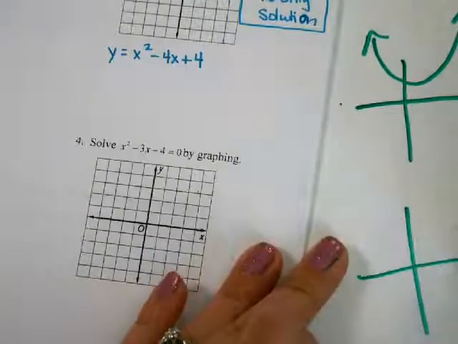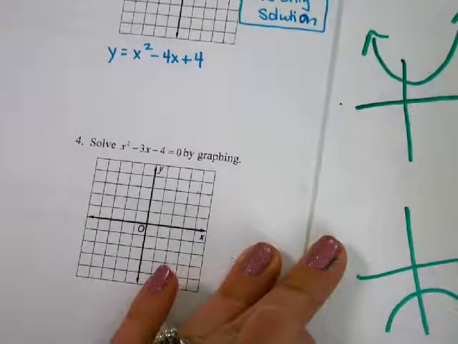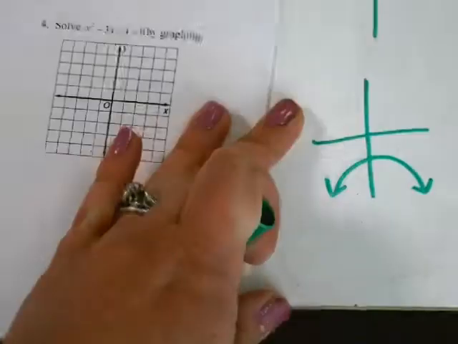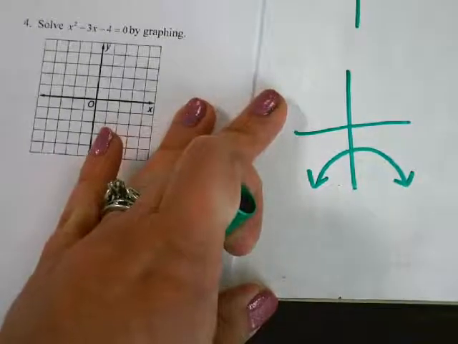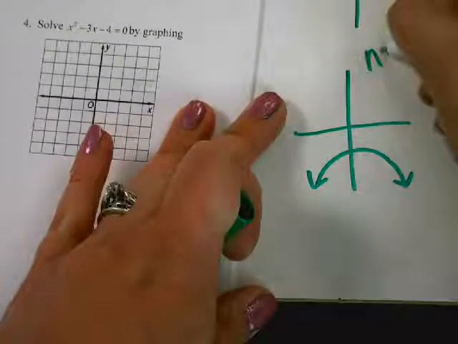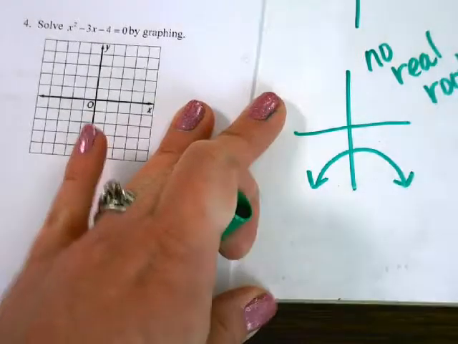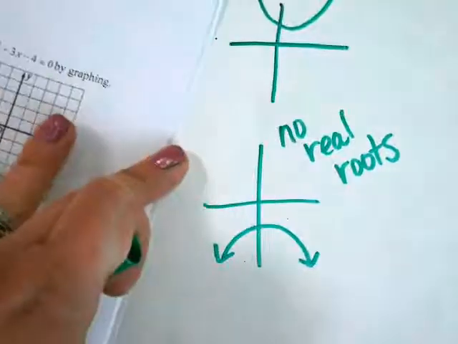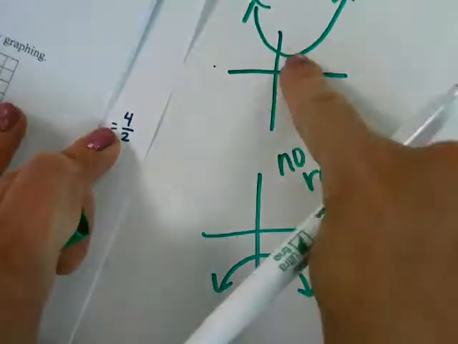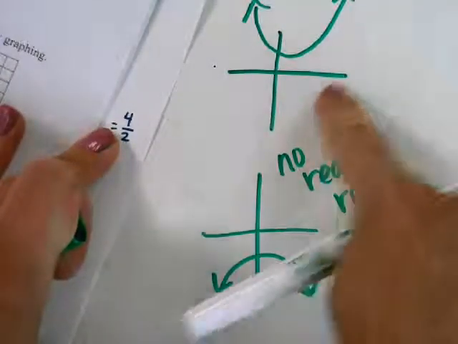How about one of these? Sorry. Does that guy have real roots? No. So anytime you have a graph where the vertex or anything doesn't touch the x-axis, we have no real roots.